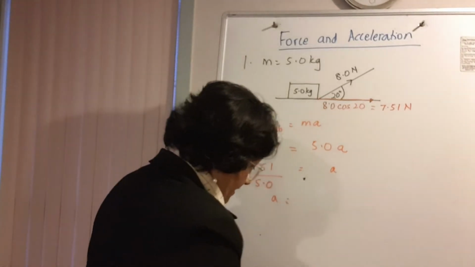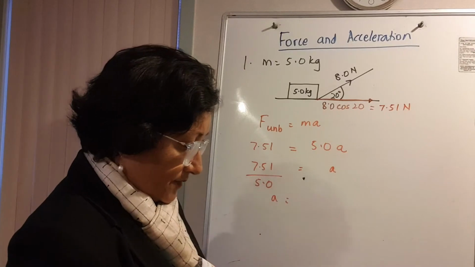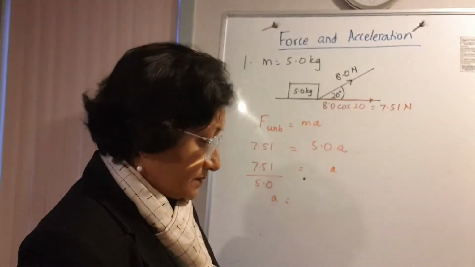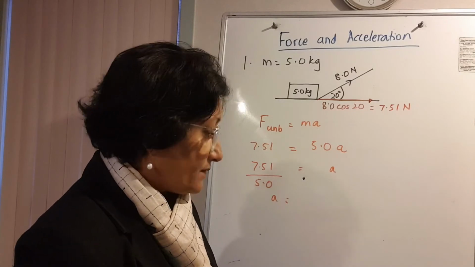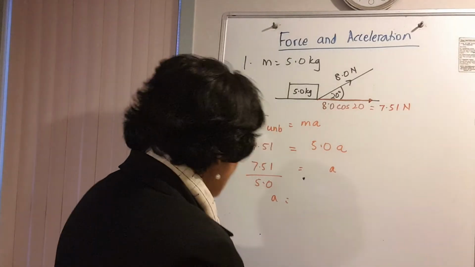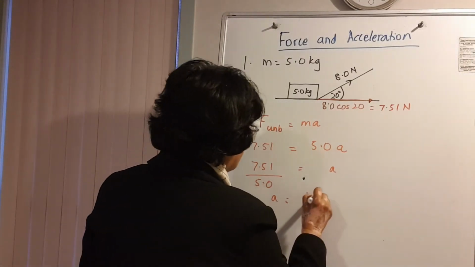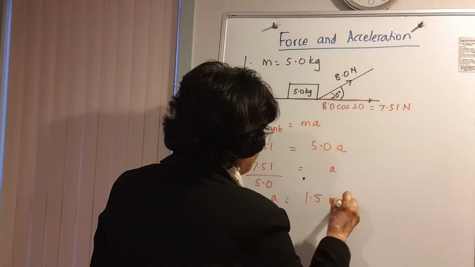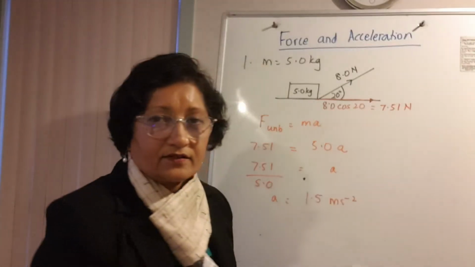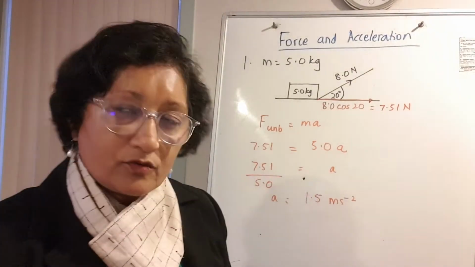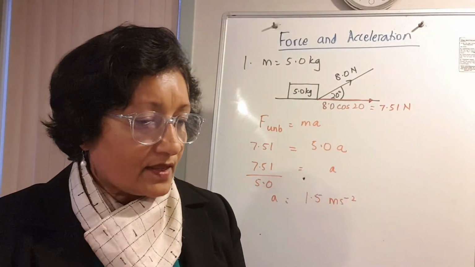Your acceleration is 7.51 divided by 5, which gives me 1.5 newtons. Sorry, 1.5 meters per second squared. That's the unit for acceleration, meters per second squared. I hope you can see the red. It gets a little faint.